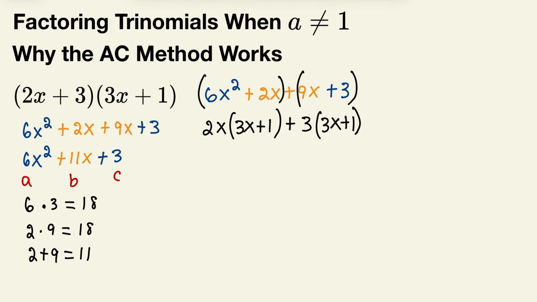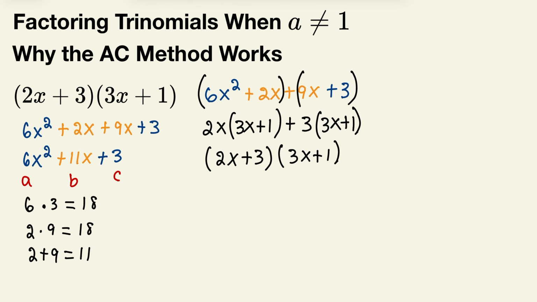Okay, so now we can place 2x plus 3 in parentheses. So we have 2x plus 3, and factor out the common binomial, 3x plus 1. And so we have 3x plus 1.